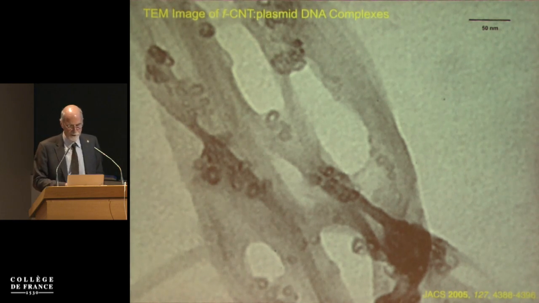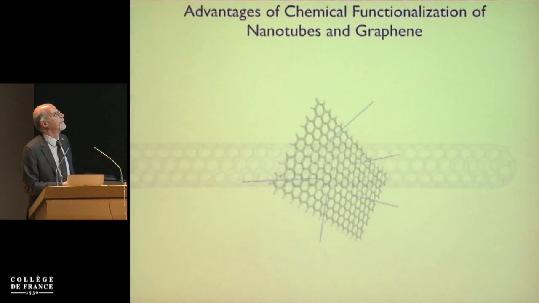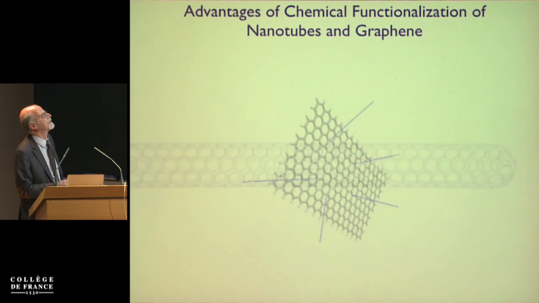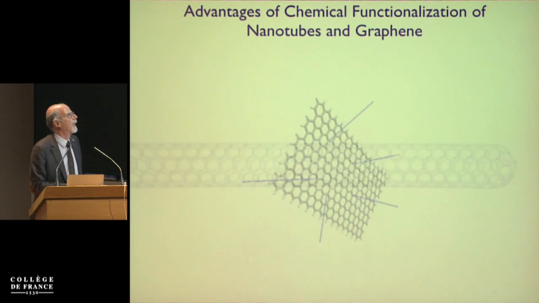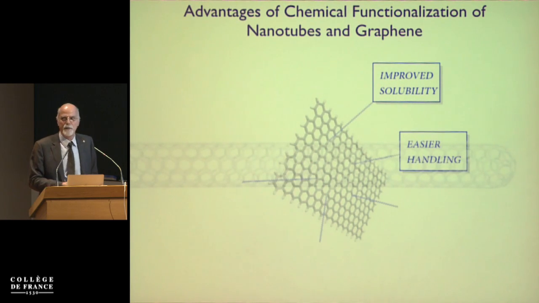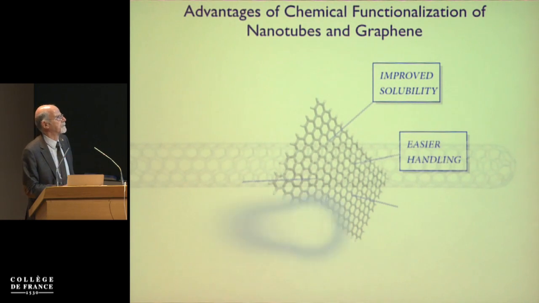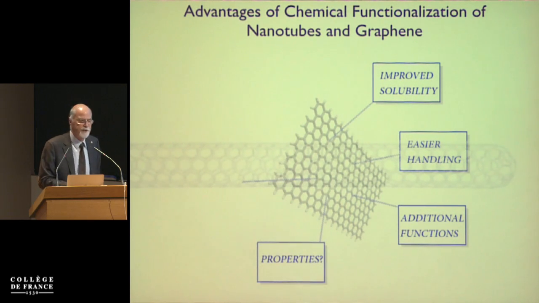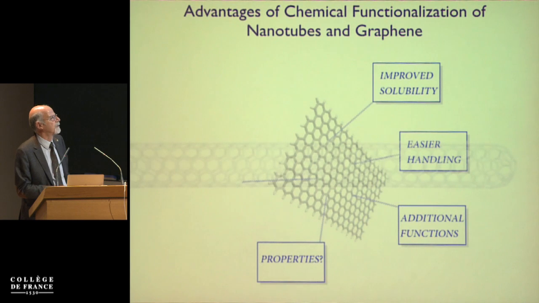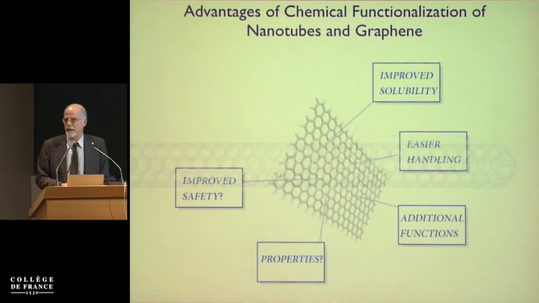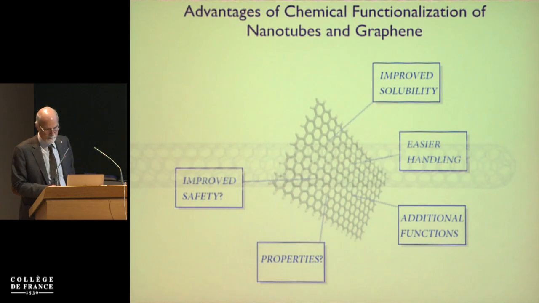And so eventually, there are several advantages of using functionalized carbon nanotubes and graphene because we can have improved solubility, we have easier handling, we can add other functions, we can change the properties of the nanotubes or graphene, and also we can have improved safety of the resulting material.